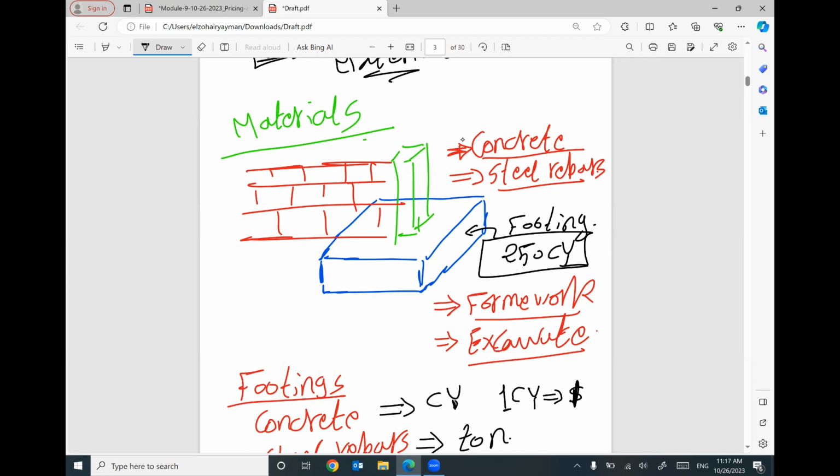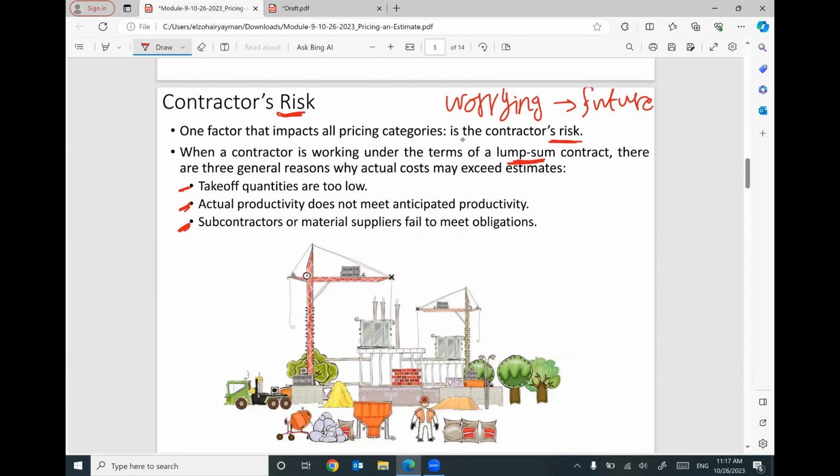Unfortunately, after the actual construction, I found that I poured 300 cubic yards. That means you did something wrong. Your engineer or your estimator did something wrong at this point. But the actual concrete is 300. That means this extra cost is your responsibility as a contractor. So this can be overcome by considering risk.